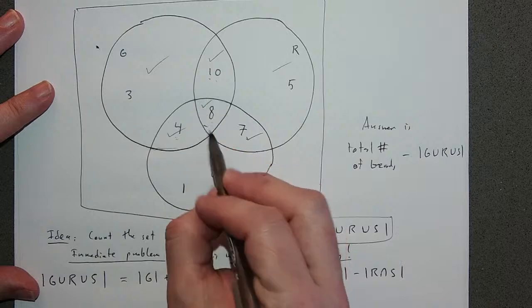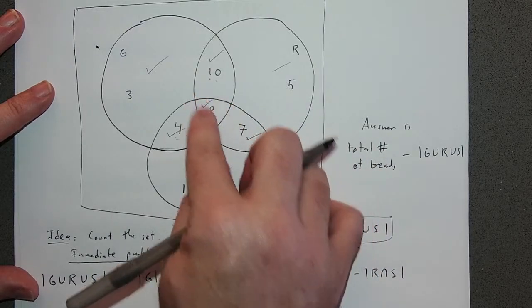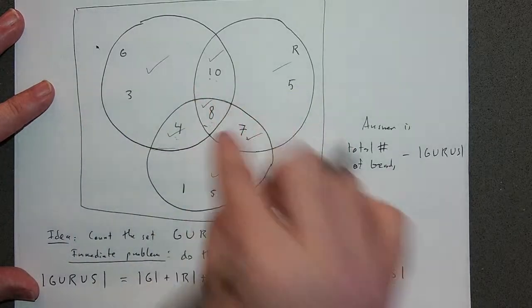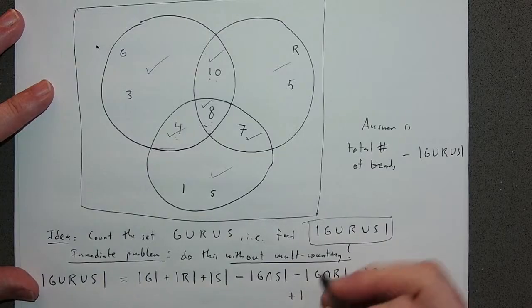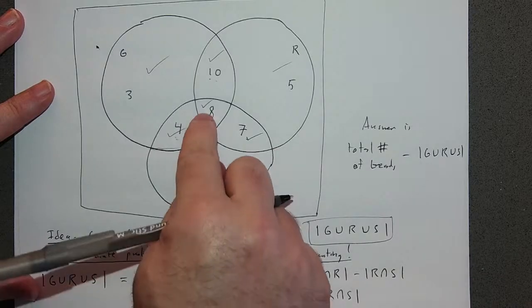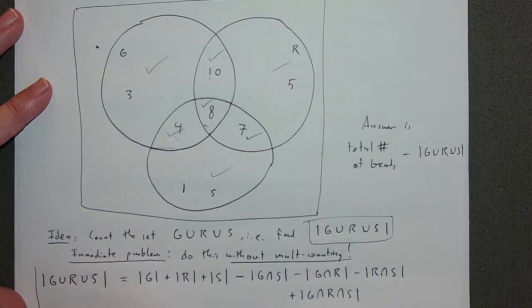So now we have taken off one too many of these. We are now undercounting this region by not counting it at all. So we need to add it back in. And we add it back in with the last term, which is G intersect R intersect S. We add it back in to single count it again, and now we single count all regions, and this does it.